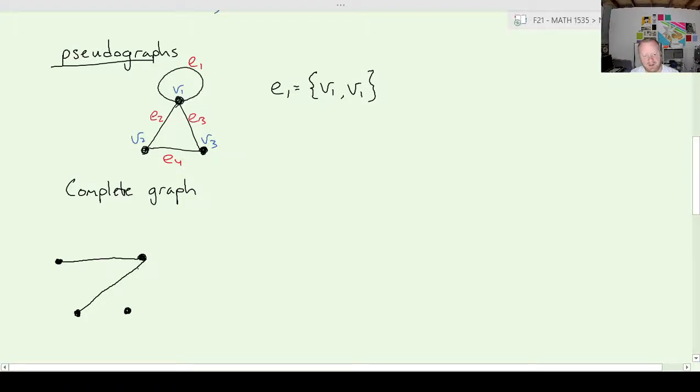And the reason why this is a complete graph, once I finish it, is because every vertex is connected to every other vertex.